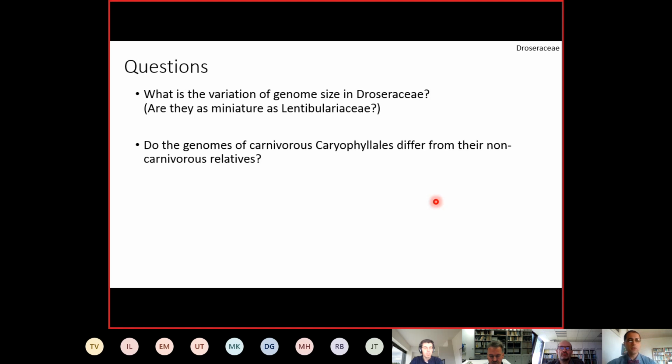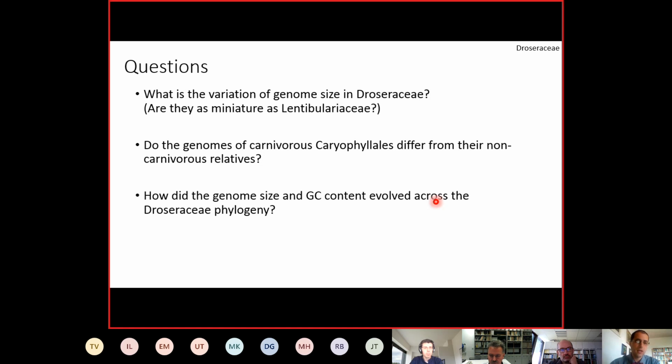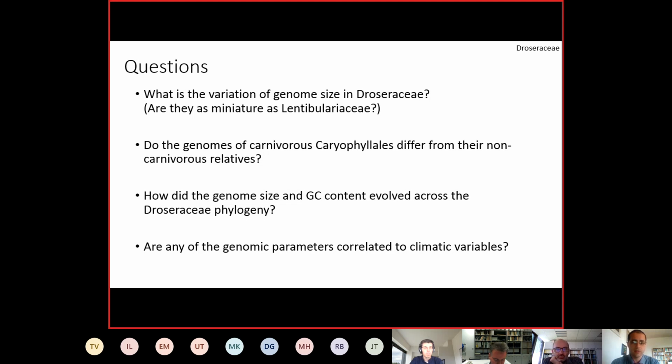We have also wanted to compare the genomes of carnivorous Caryophyllales with their non-carnivorous relatives, and we wanted to model the evolution of the genomic parameters across the Droseraceae phylogeny. Last of our questions was whether any of the genomic parameters is adaptive and correlated to climatic variables, which were available for this family.